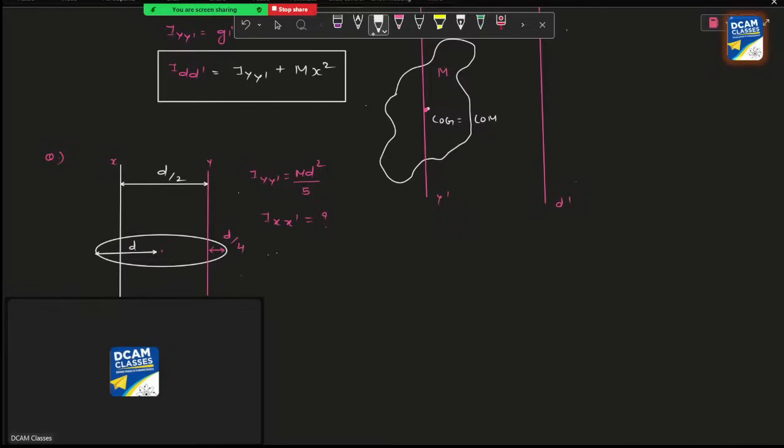So you said that x dash is at a distance of d by 3 from the center. No, no, no. Earlier I said, but it's not needed. You can calculate it.